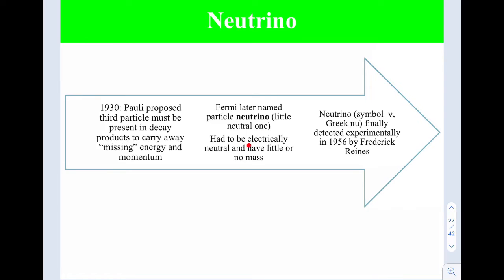Little neutral one. It had to be electrically neutral and have little or no mass. Neutrino is now symbolized as nu like this, and was finally detected experimentally in 1956 by Frederick Reines. This is the history of how the neutrino was figured out.